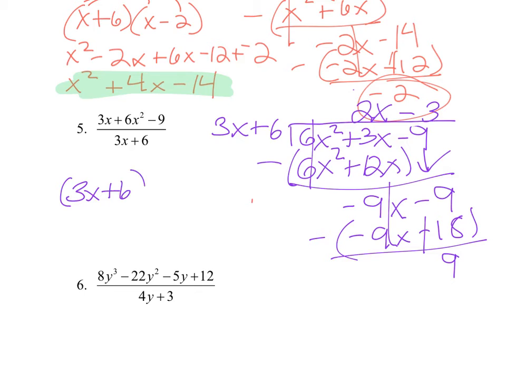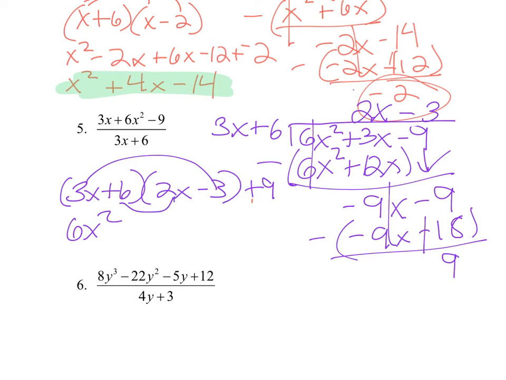So now I'm going to check this. 3x plus 6 times, nope, times 2x minus 3, because that's my answer. Don't forget you have to add the 9. So I've got 6x squared, and then I have a minus 9x and a plus 12x. So that's going to give me 3x.